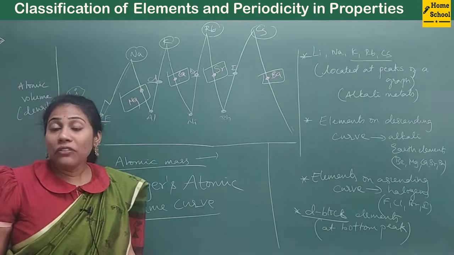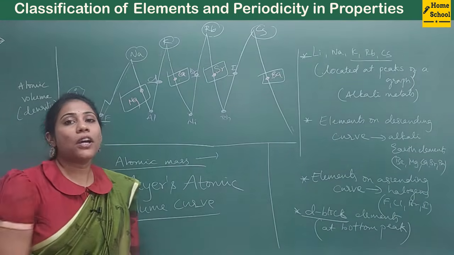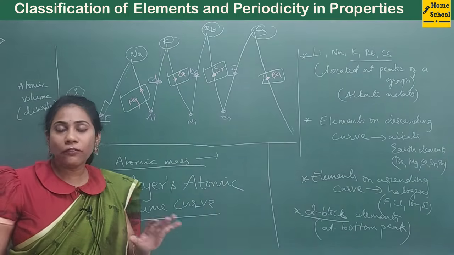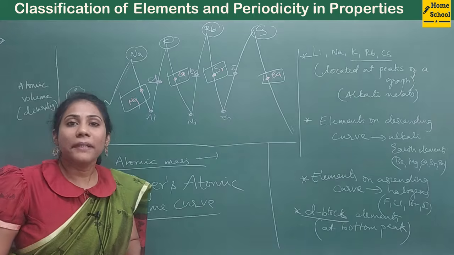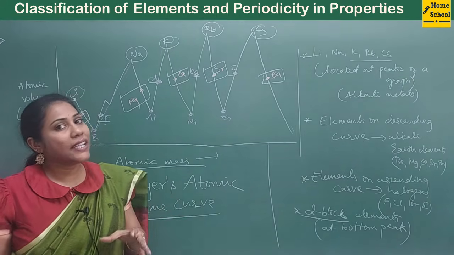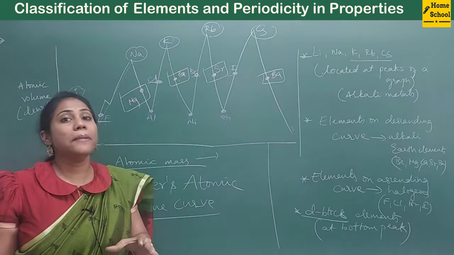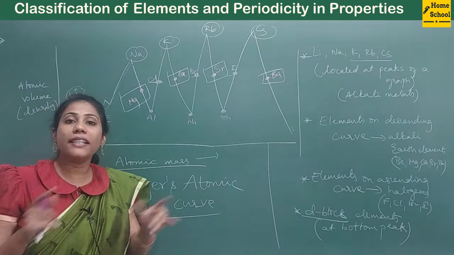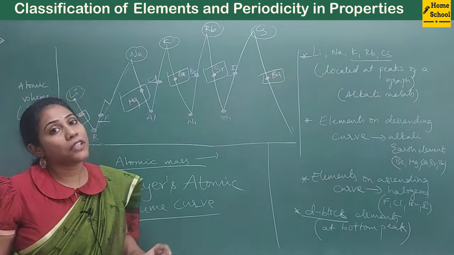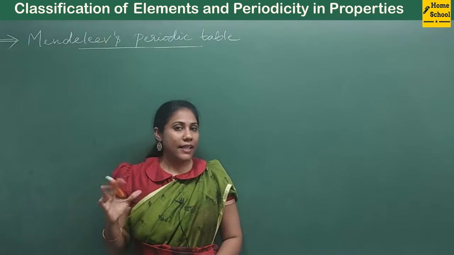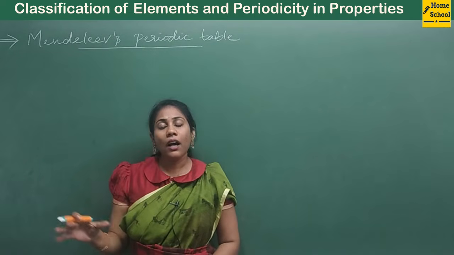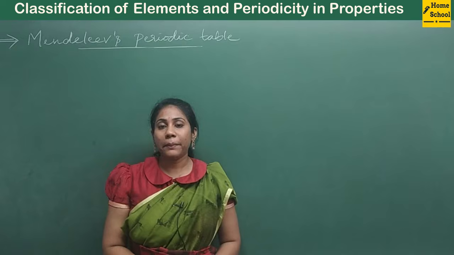Now let's go to Mendeleev's periodic table, which is the immediate predecessor of our modern periodic table. Many points we can find are similar between the modern periodic table and Mendeleev's periodic table. Let's understand it in a detailed way. Mendeleev's periodic table gives a very important idea for the modern periodic table.